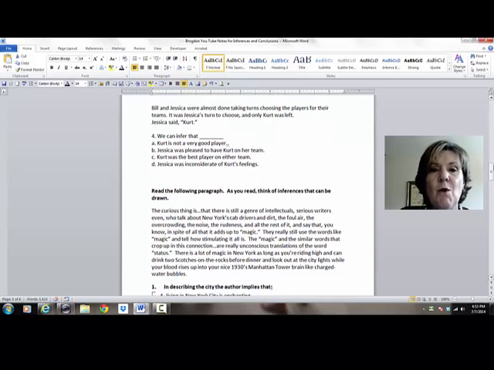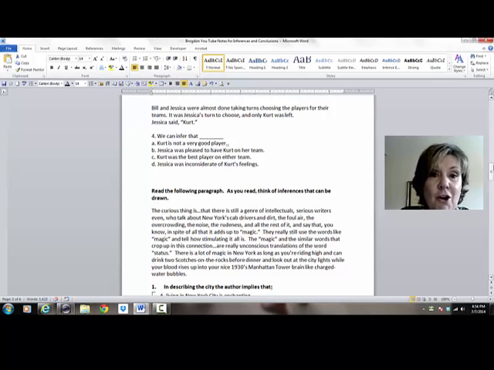Bill and Jessica were almost done taking turns choosing the players for their teams. It was Jessica's turn to choose, and only Kurt was left. Jessica said, "Kurt." We can infer that Kurt was not a very good player. Jessica was pleased to have Kurt on her team. Kurt was the best player on either team, and Jessica was inconsiderate of Kurt's feelings.